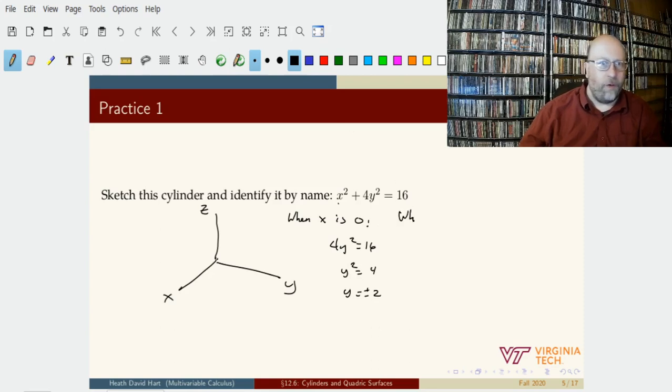And when y is equal to 0, x squared is equal to 16, and so x is equal to plus or minus 4. And so here are our intercepts, 2 and -2 on the y-axis, and 4 and -4 on the x-axis.